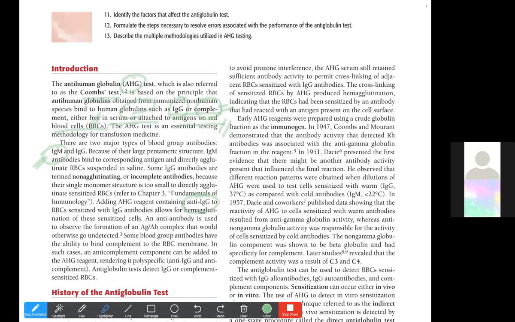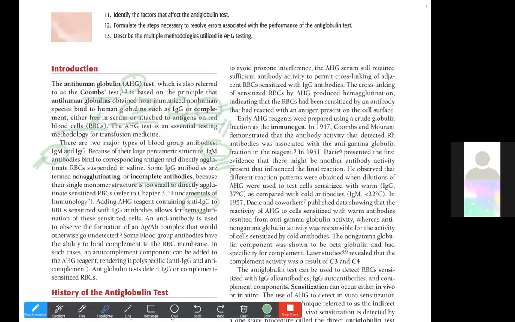Because of their large pentameric structure, the IgM antibodies bind to the corresponding antigen and directly agglutinate the RBCs suspended in saline. Some IgG antibodies are termed non-agglutinating or incomplete antibodies because their single monomer structure is too small to directly agglutinate sensitized RBCs. Of course, we know that IgM is a pentameric structure, so it can directly agglutinate, and the agglutination can even be seen with the naked eye.